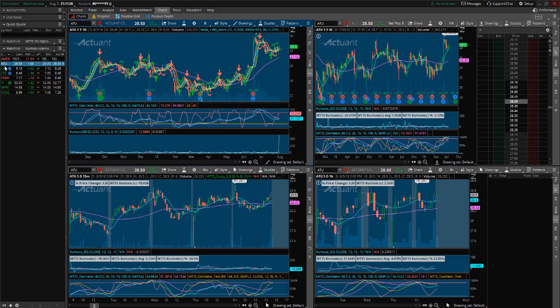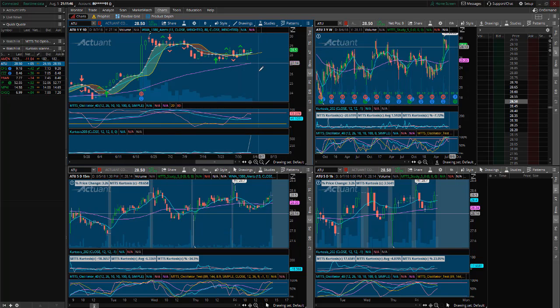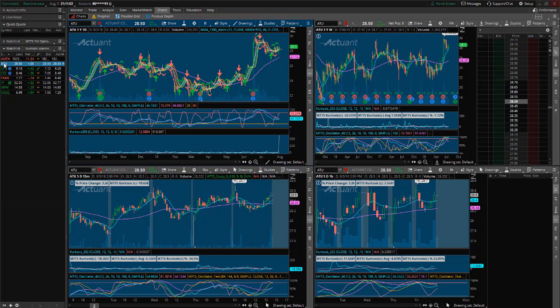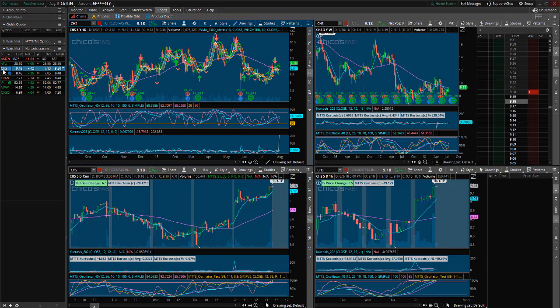ATU, we can expect the kurtosis buy to finalize tomorrow or the next trading day. I don't know if I want to like this long, but we'll see once it finishes. We'll keep it on watch. Similar with CHS.